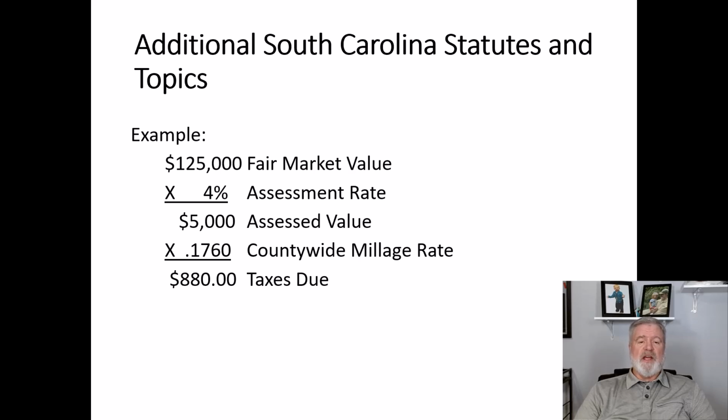Then remember, to figure out your taxes, you take your assessed value times the millage rate, and we just give you an example of a millage rate here, 0.1760, and then we know the taxes on this property would be $880. Hopefully that makes sense to you.